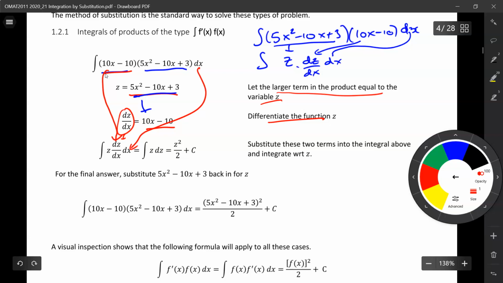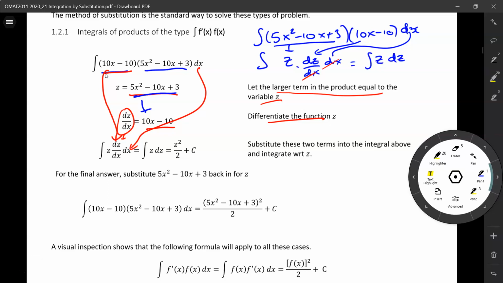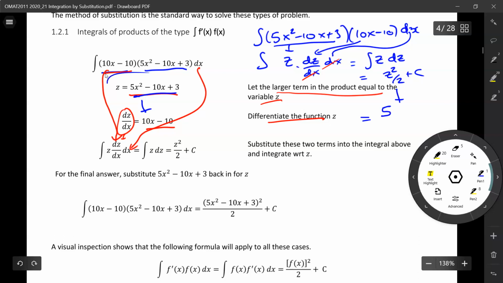Now what happens here is we have a dx above, a dx below, so that cancels. So what we have is the simple integral, the integral of z dz, and that gives me z squared over 2 plus my constant of integration. And then all I do is substitute back in what we started with here. So (5x squared minus 10x plus 3) squared, all divided by 2 plus the constant of integration.